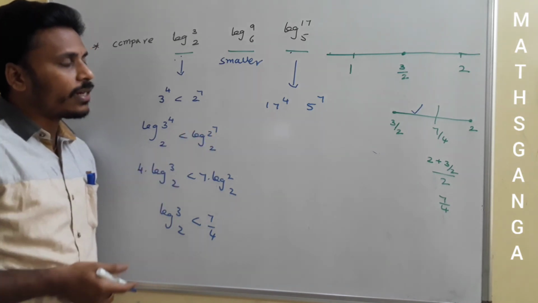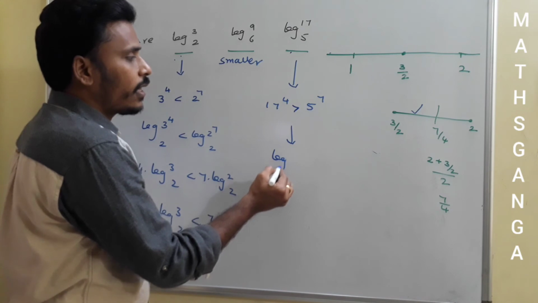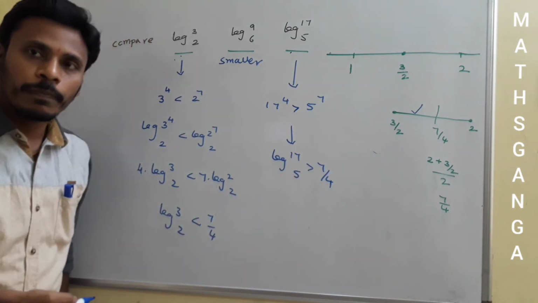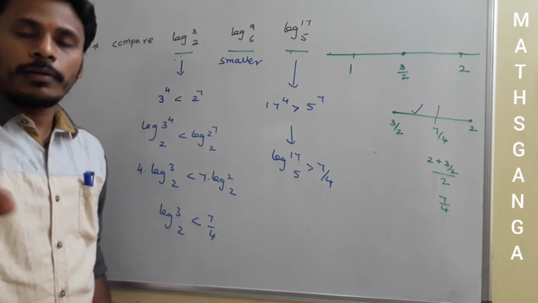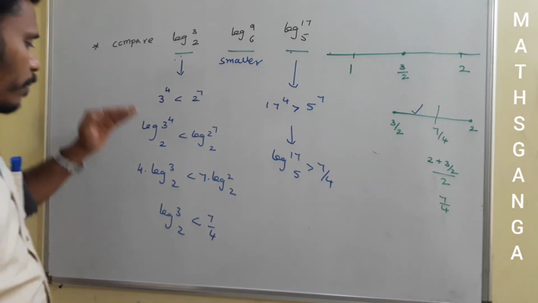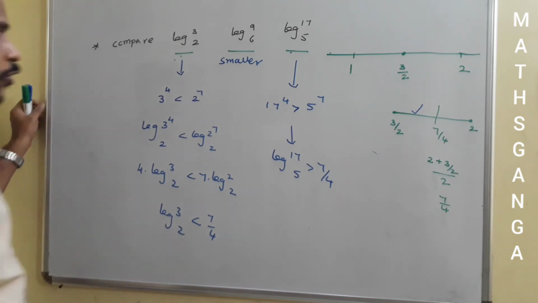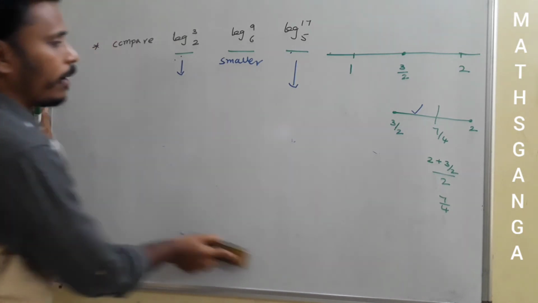If you do that, automatically you will get that this 17 power 4 is greater than 5 power 7, and from there it is very clear that logarithm of 17 base 5 is greater than 7 by 4. So finally this log 3 base 2 is less than 7 by 4 and log 17 base 5 is greater than 7 by 4.